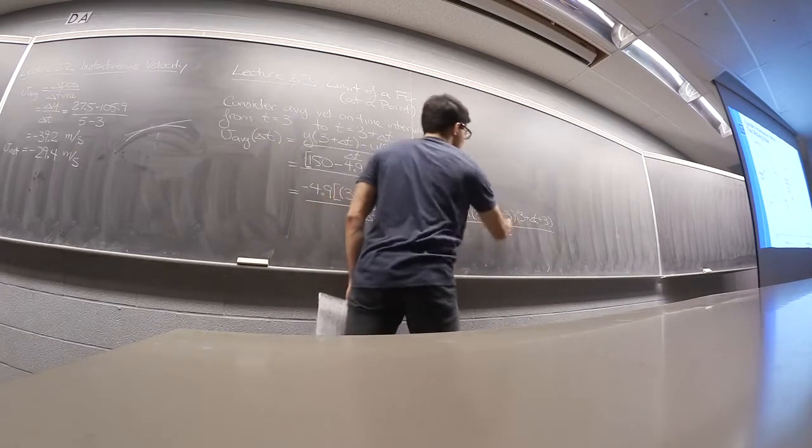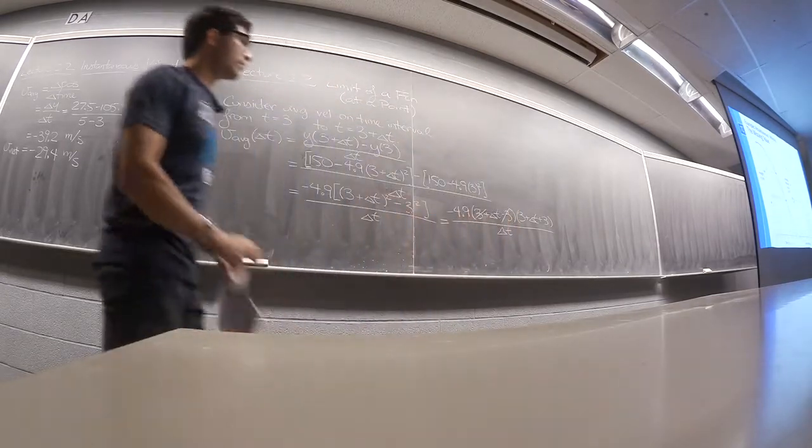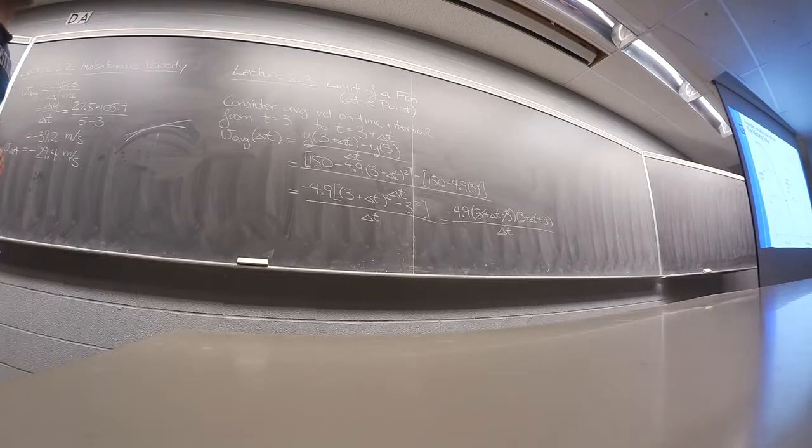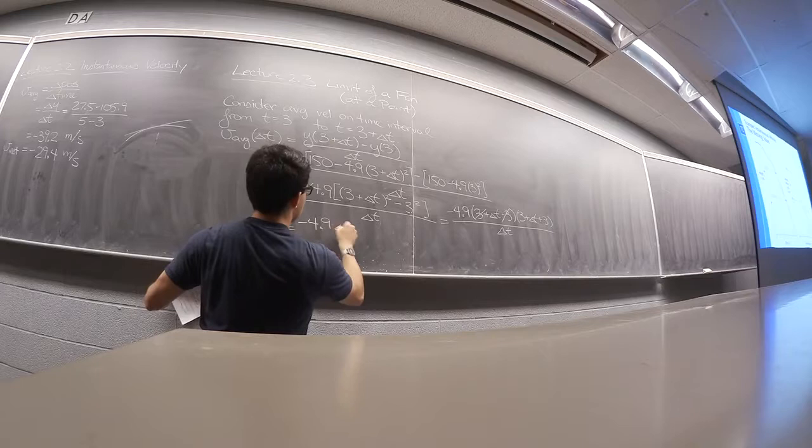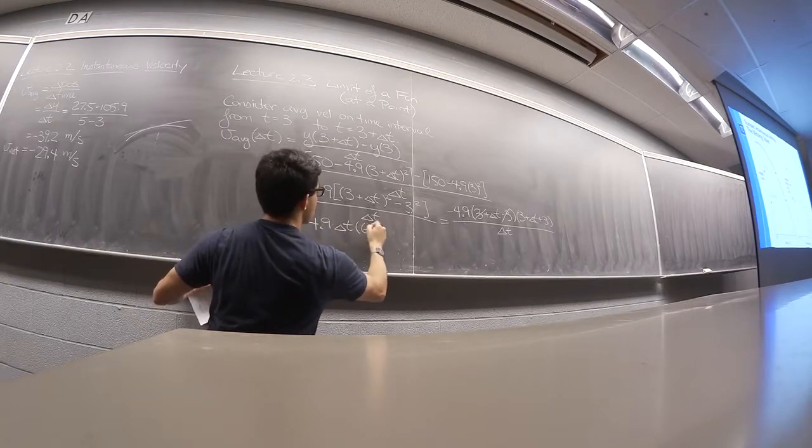Okay, 3 plus delta t minus 3 is just delta t. So I got minus 4.9 times delta t times 6 plus delta t, all over delta t. Here we did it properly.